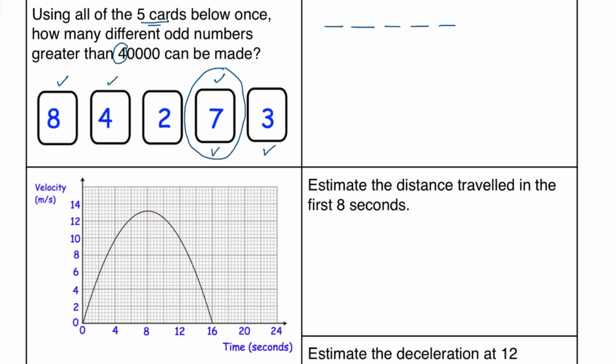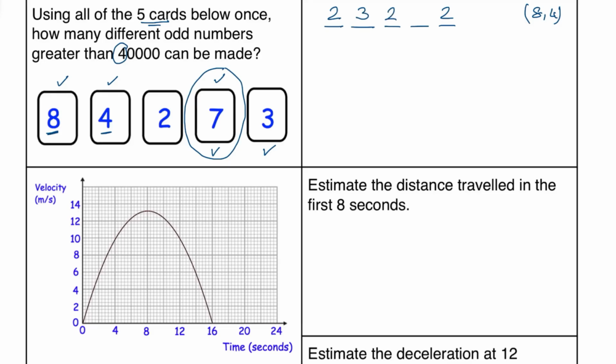So actually I'm going to do it slightly long way. I'm going to say it starts with either 8 or 4. So I've got 2 choices. So let's sort of put this in. So it starts with 8 or 4. I know it can end with either 3 or 7. So there's 2 choices there. Now I've used up 2 of the numbers, which means there are 3 numbers left to choose from for that one.